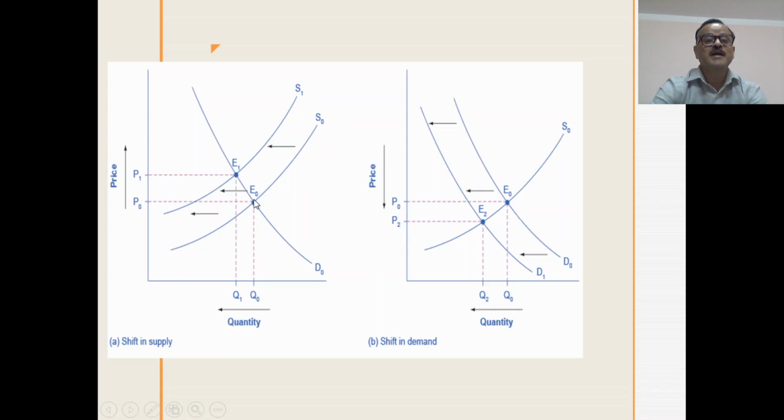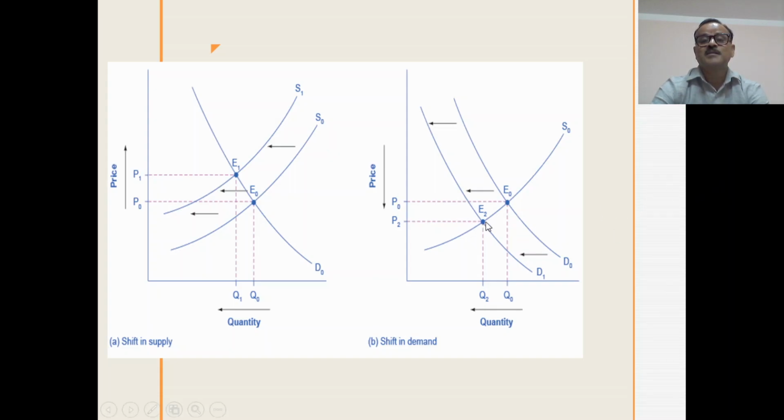Originally, initially here is the price, here is the quantity, and now supply is shifted backward. Then what happens? If the supply is less, then price is increased and quantity is reduced. And here, demand is shifting forward due to some determining factors other than price.